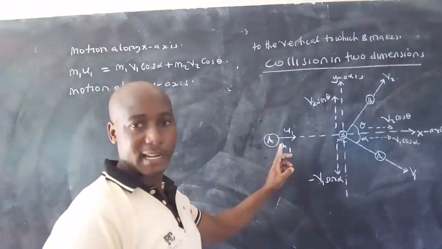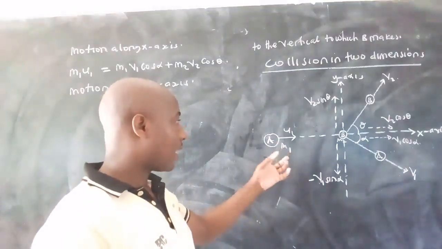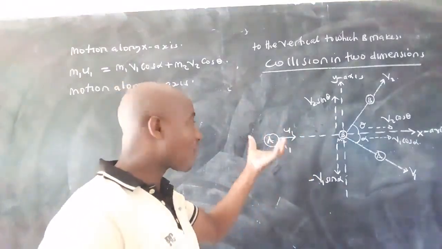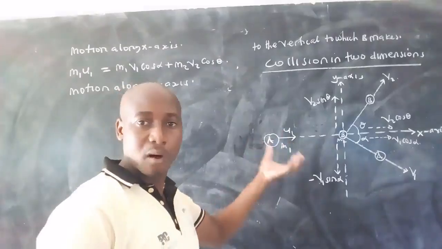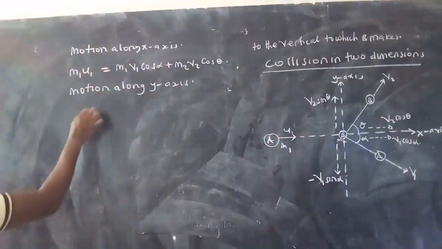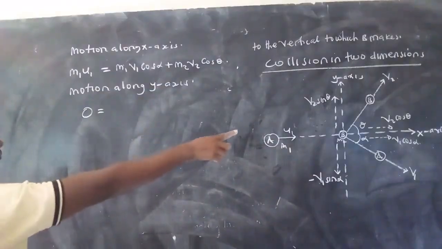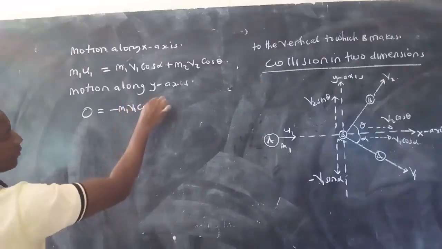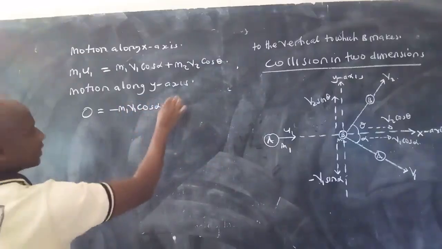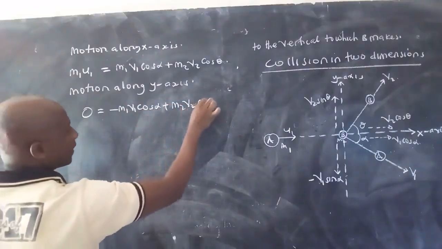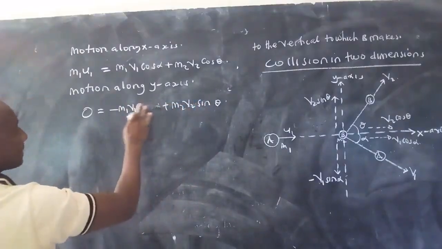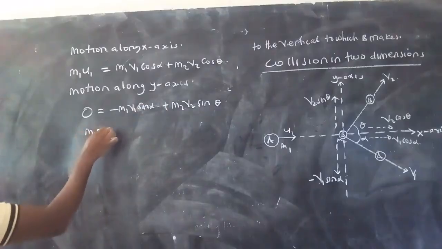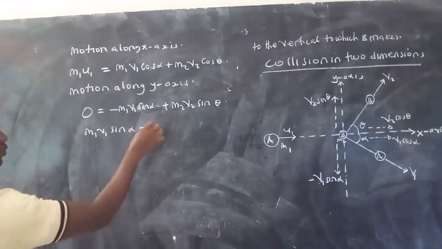Since this one was moving horizontally, it did not have vertical motion. The initial momentum was 0 because none of the bodies were moving vertically. So 0 equals, for A, negative m1 v1 sine alpha, plus for B, m2 v2 sine theta. So that means m1 v1 sine alpha is equal to m2 v2 sine theta.